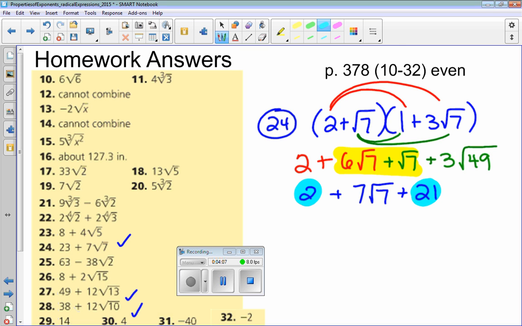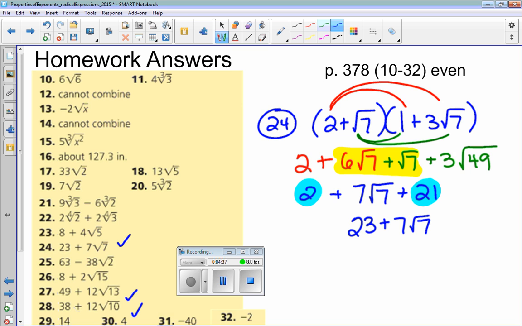So my final answer becomes 23 plus 7 radical 7. Yep. Because the square root of 49 is 7. 7 times 3 is 21. If you have a radical that you can reduce, you need to do that.